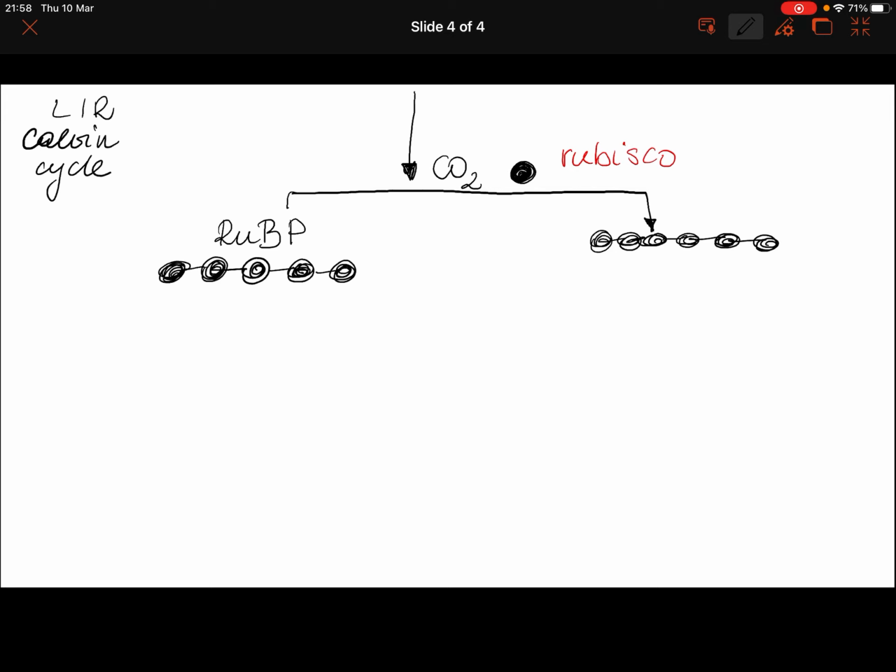However, this 6 carbon molecule is not a stable molecule, hence straight away we are achieving 2 3-carbon molecules. So I'm going to remove this 6 carbon molecule because it is not part of the cycle, but instead we are achieving 2 molecules called glycerate 3-phosphate.